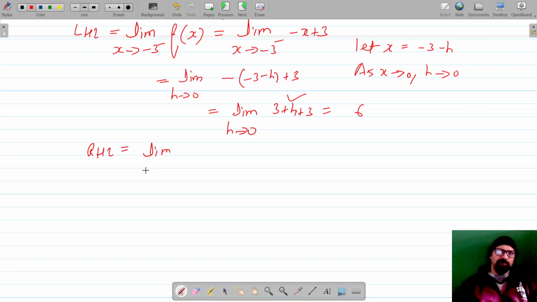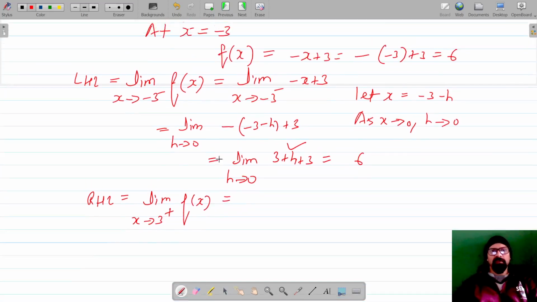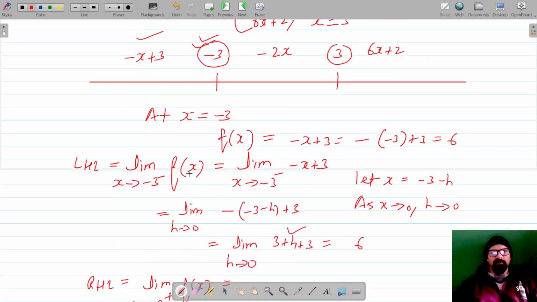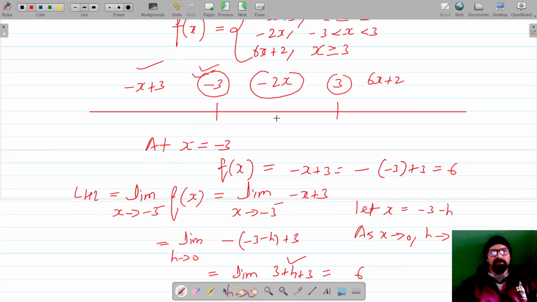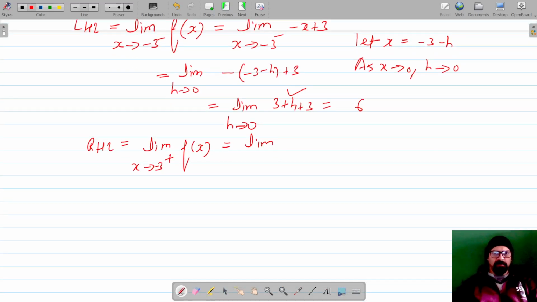So right hand limit is x tends to negative 3 plus. So when the value of x is greater than negative 3, the function is negative 2x, and this is limit x tends to negative 3 plus of negative 2 into x. Now here, let x be negative 3 plus a small value h.